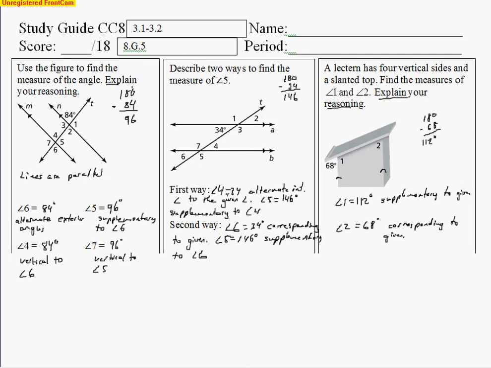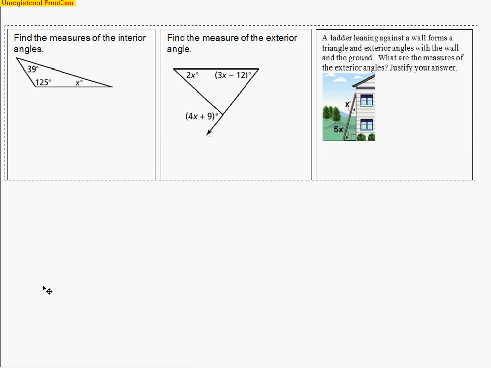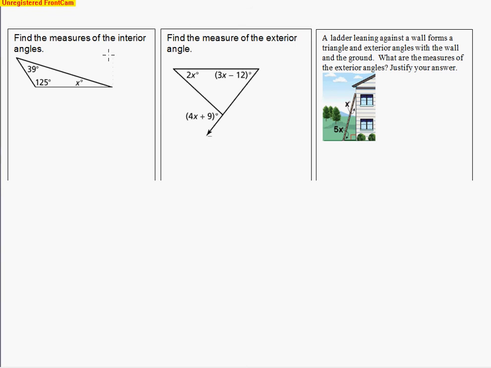So let's take a look at the next problem, and it says just find the measure of the interior angle. Well, we know that all angles in a triangle sum to make 180 degrees. So that's what we see here. So I'm going to add up these two angles here, and that gives me 164 when I add the 39 and the 125.